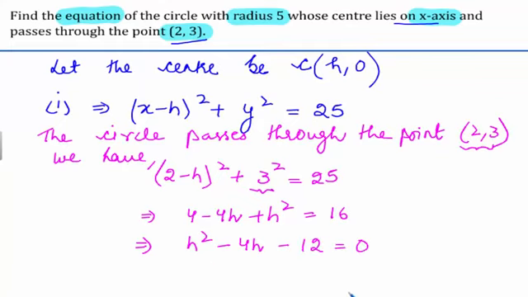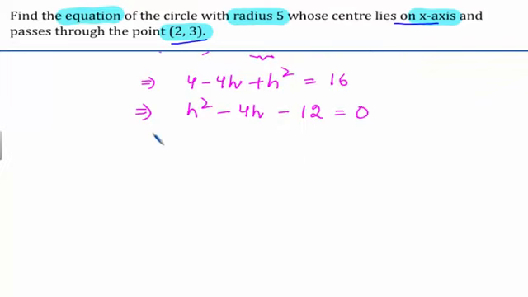Now let us simplify this equation to get the values of h. Splitting the middle term, this can be written as h square minus 6h plus 2h minus 12 is equal to 0.